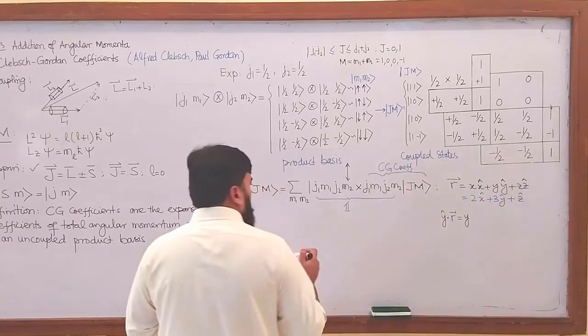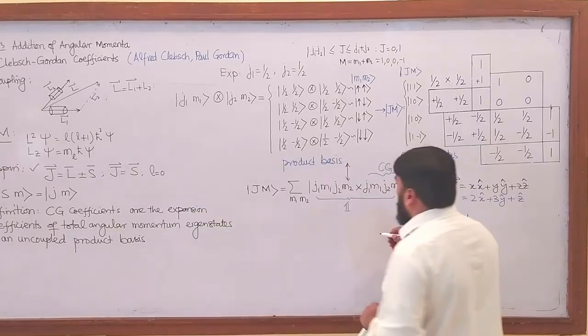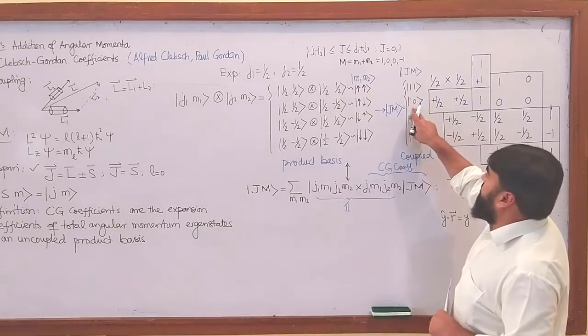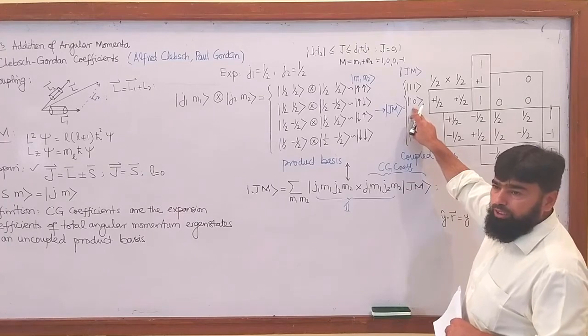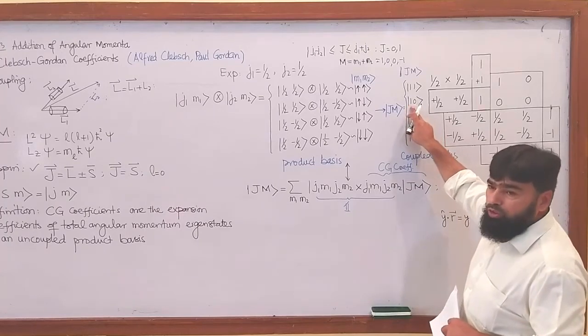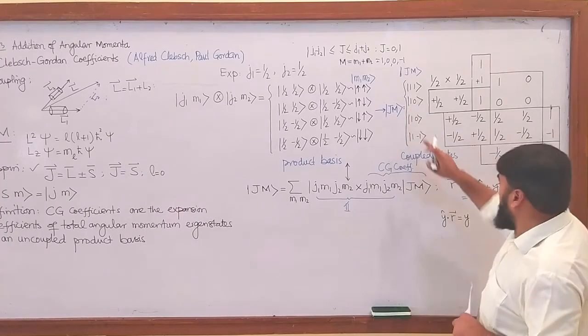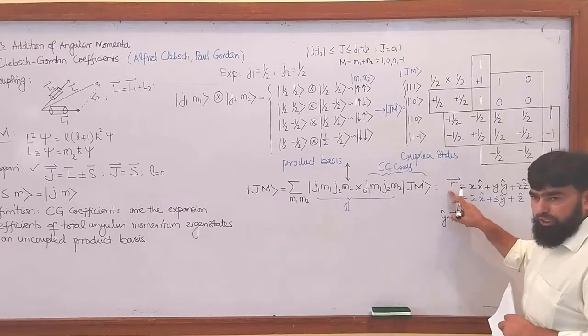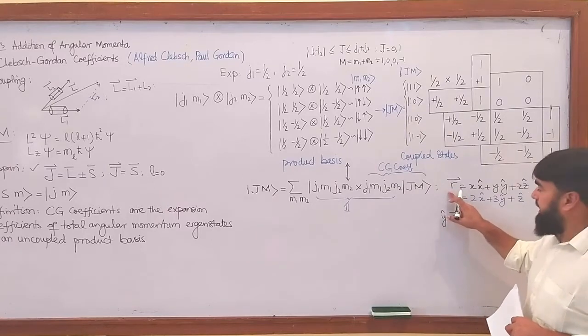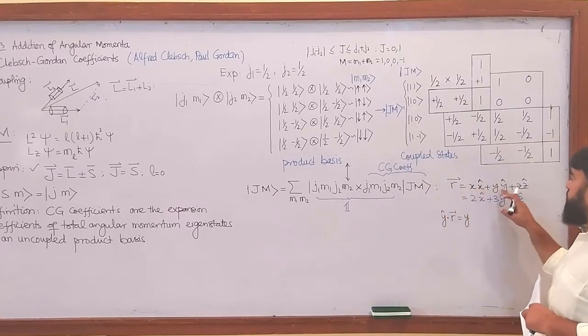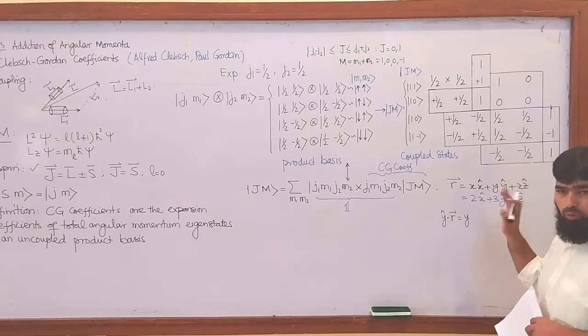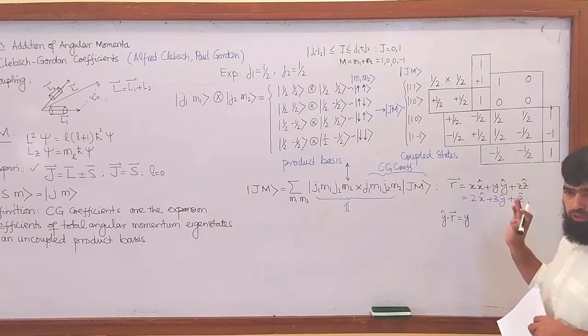Any coupled state, for example, I now want to write the coupled state 1, 0. Any vector I can write in terms of x, y, z unit vectors with their corresponding coefficients.